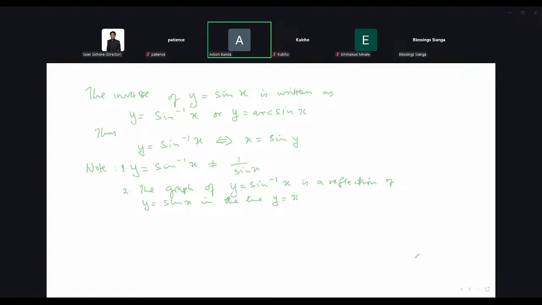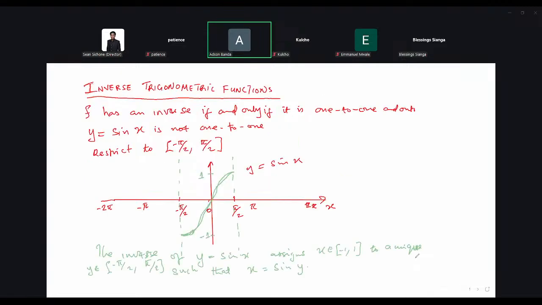However, what you notice is that the domain now changes to the range, and the range changes to the domain. If you remember what we used to do when finding the inverse of a function, we first interchange or swap the variables x and y, and then make the other variable the subject.